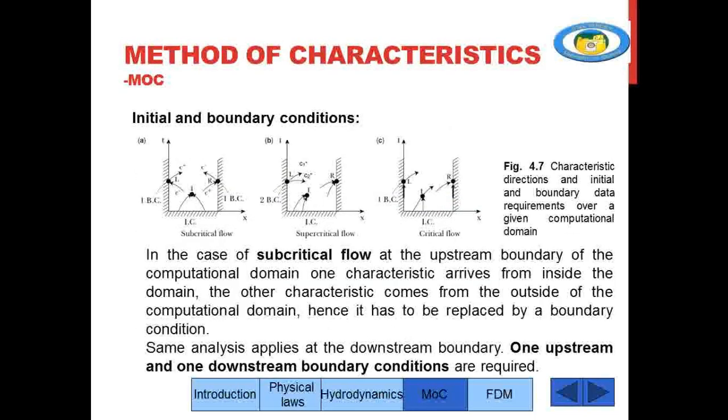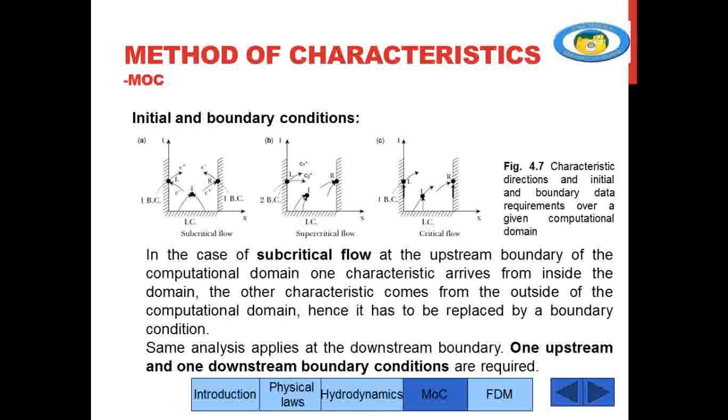subcritical flows will require one boundary condition, either at an upstream or downstream point or at both of them, but just one boundary condition. But in case of supercritical flow, two boundary conditions, either at upstream or, if the flow is moving the other way, at downstream.